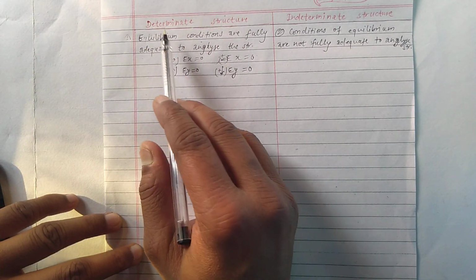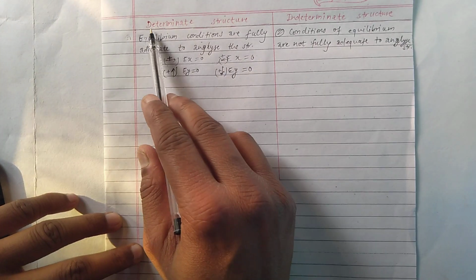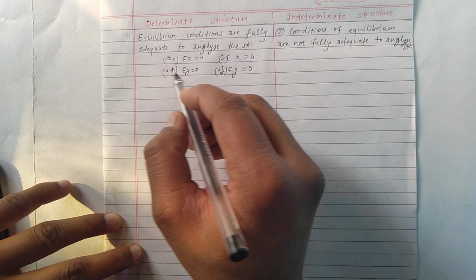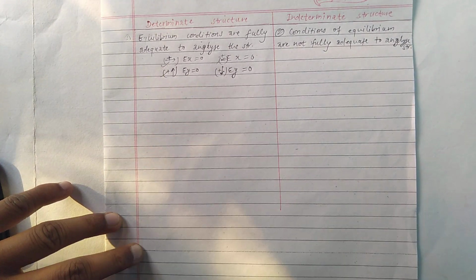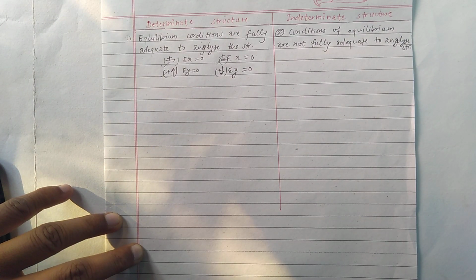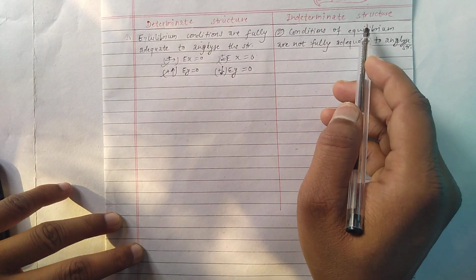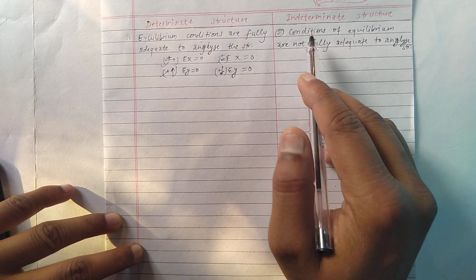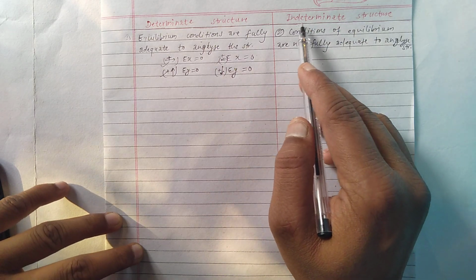In a determinate structure, we can analyze the structure with the help of these two basic equilibrium conditions. But in an indeterminate structure, these two conditions are not sufficient to analyze the structure.